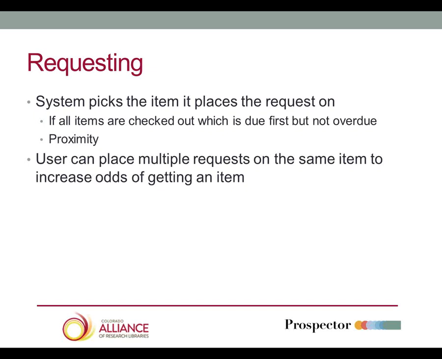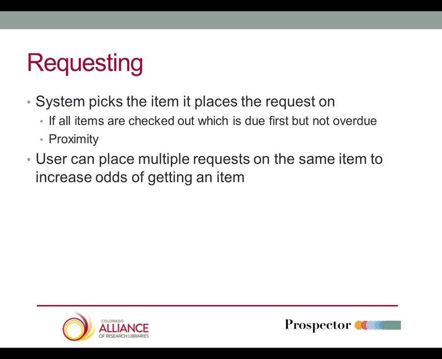Another thing is we've added geographical routing to Prospector, so now we have 2 groups, a metro group and a western slope group. It will also try to find the item that's closest to the borrower, so it's going to look for a library that's closer than one that's further away.